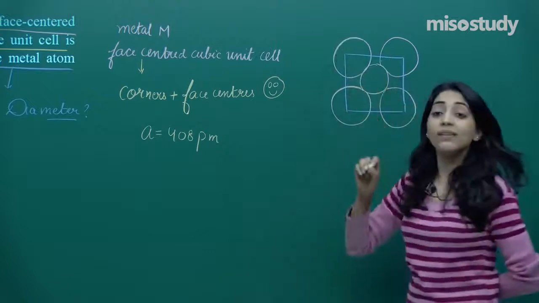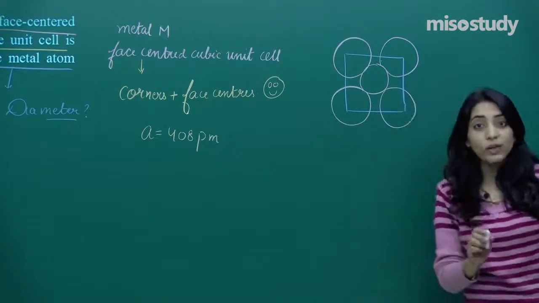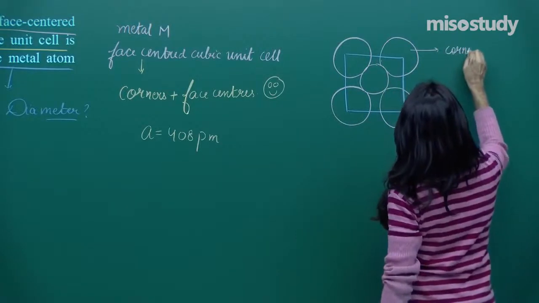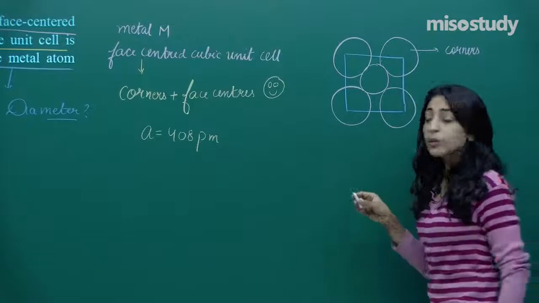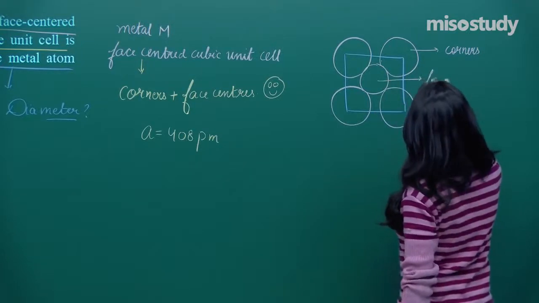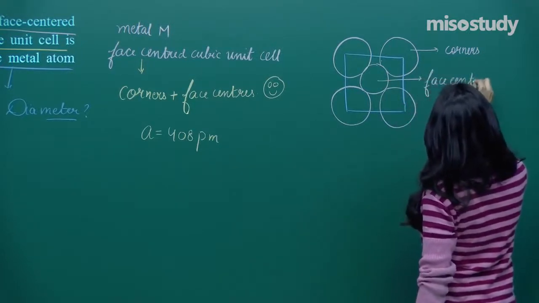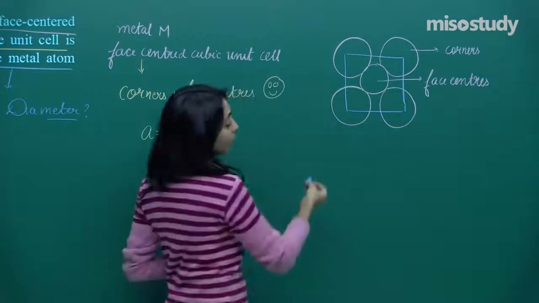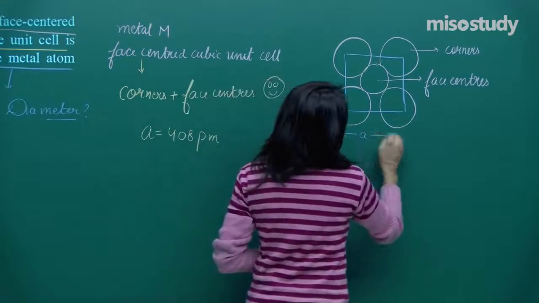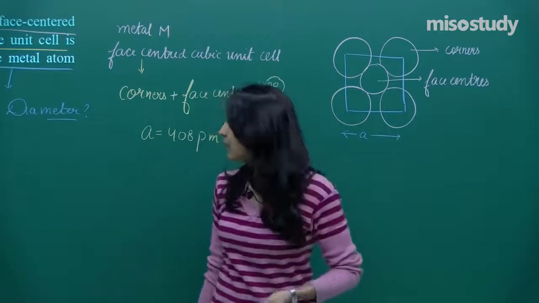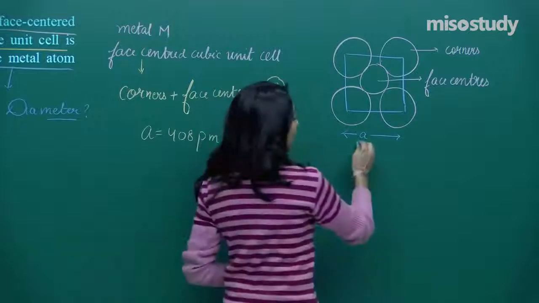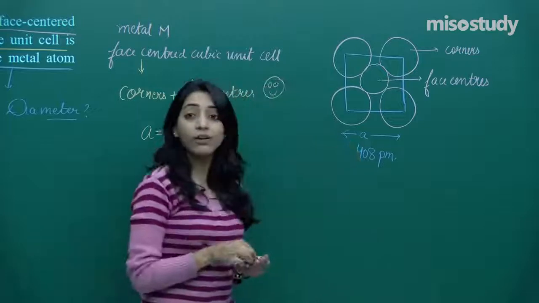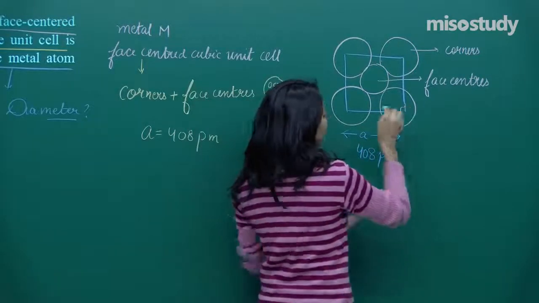Because we know, in the case of a face-centered cubic unit cell, the atoms will be present at the corners plus the atoms will also be present at the face centers. Now, let us consider that the edge length of the unit cell is a, which in the question is given as 408 picometers. Now guys, see carefully, this is 90 degrees.